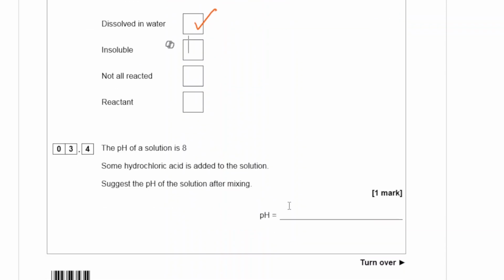The pH of a solution is 8. Some hydrochloric acid is added to the solution. So if the pH is 8, it's slightly alkaline. So you're adding hydrochloric acid. Suggest the pH of the solution after mixing. So it could be 7 or below 7.